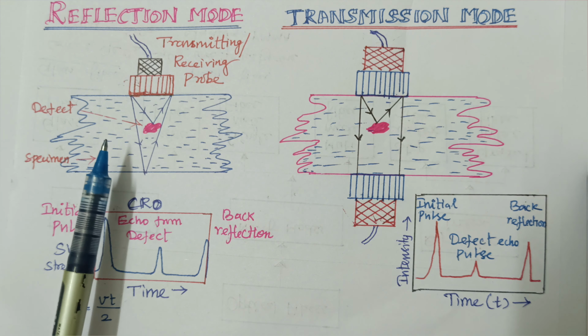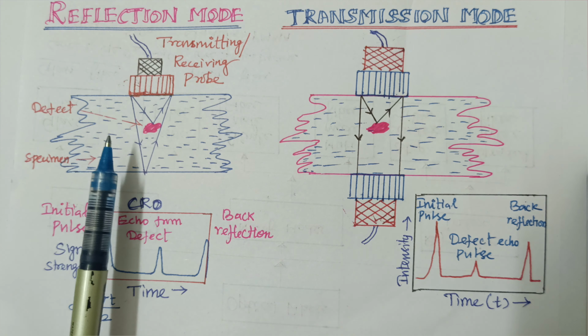Even if the material has a difficult structure, you can find the defect inside the material. Next, the coupling loss is less, because we are using a single probe that acts as transmitter and receiver, so the sound pulse is easily absorbed.